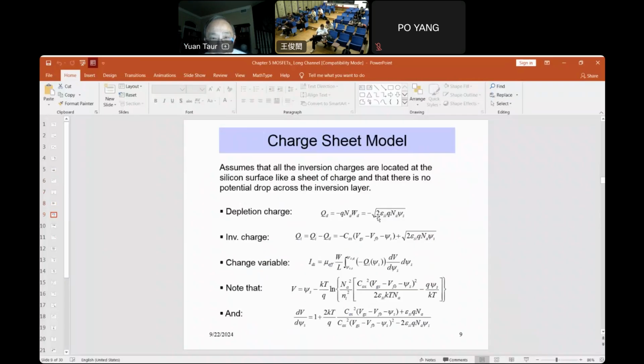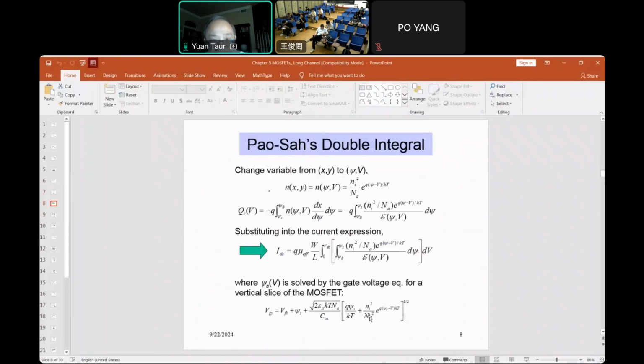Minus QD is the inversion charge. But there's a square root, so you cannot separate out depletion charge and inversion charge when the inversion charge is large. When the inversion charge is small, you can do that. That's the subthreshold condition. We'll do that later. But in general, in strong inversion, you cannot separate out depletion charge and inversion charge.